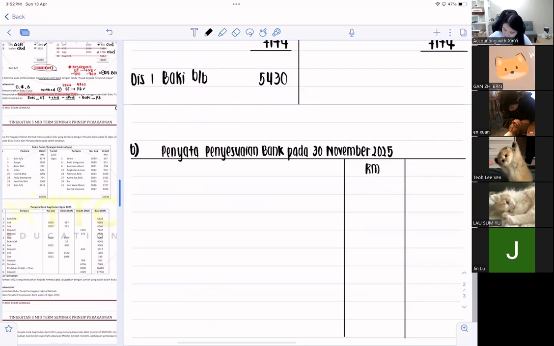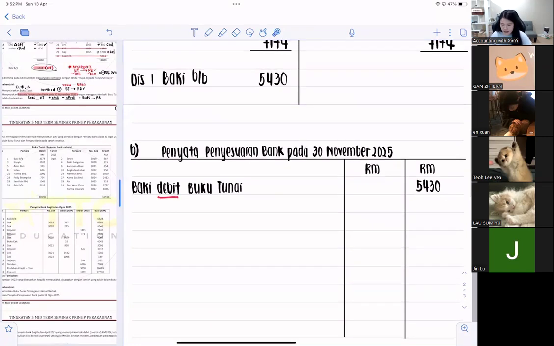2 RM columns. Okay, and now you should bring your 5430 into this second column, explaining it as a baki debit buku tunai. So the criteria of giving you this mark is whether you did mention the position of your baki or not, including the number has to be correct. Okay, so it's quite strict in this chapter.